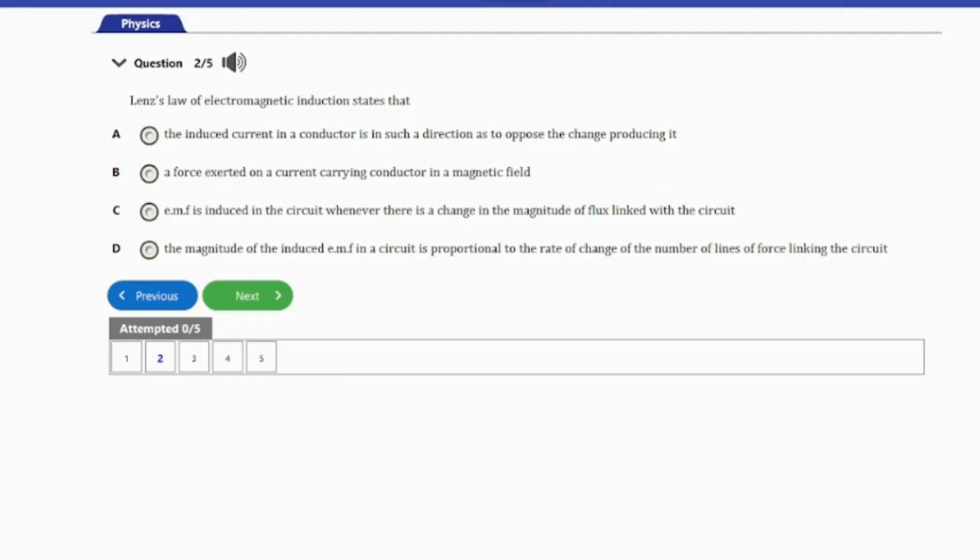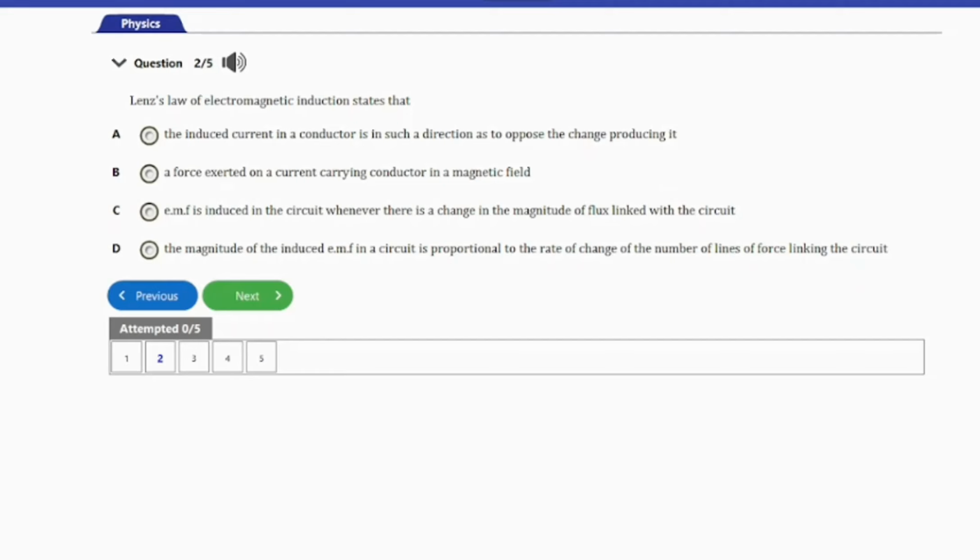C. EMF is induced in the circuit whenever there is a change in the magnitude of the flux linked with the circuit. D. The magnitude of the induced EMF in a circuit is proportional to the rate of change of the number of lines of force linking the circuit. So guys, the answer to this question obviously is option A here.